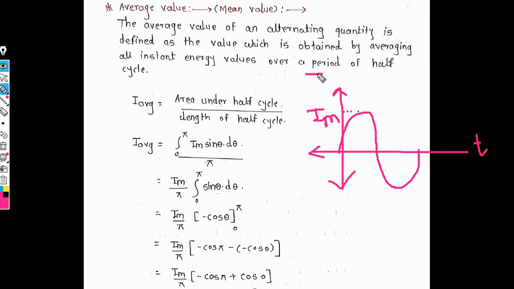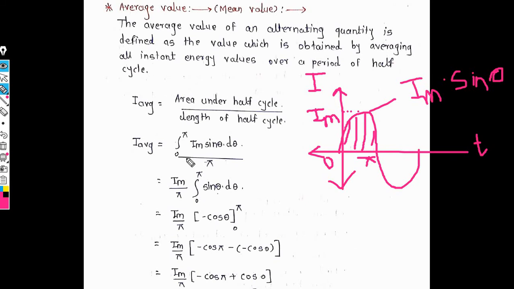This is the total current, that is i. Then the area under the half cycle: we consider only the half cycle, that is the positive cycle, from 0 to pi. We only consider this half cycle. Its expression is Im sin theta.